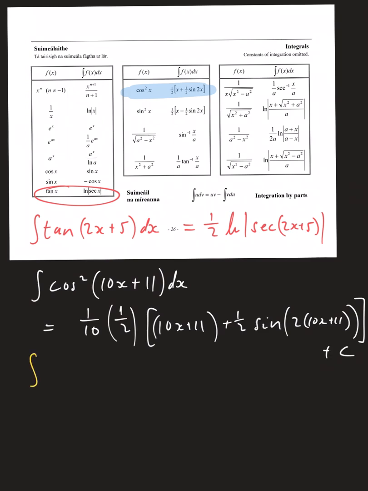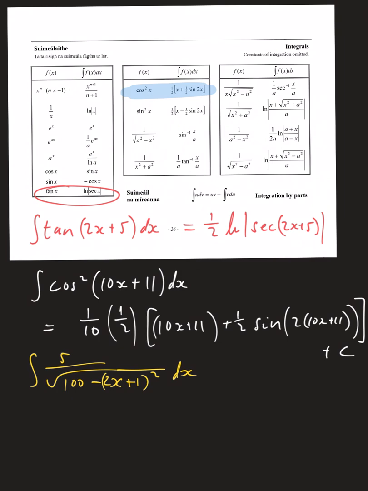So how about this one? The integral of 5 over the square root of 100 minus 2x plus 1 all squared dx. So pause the video and give this one a try.